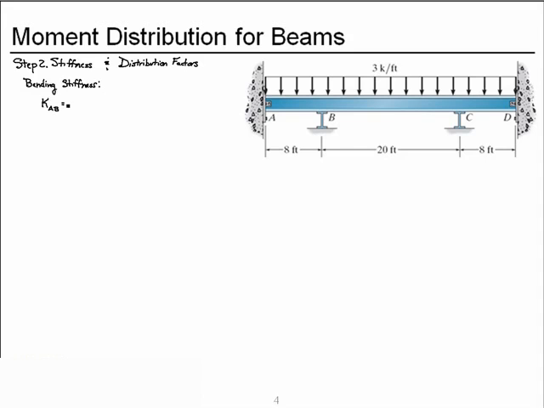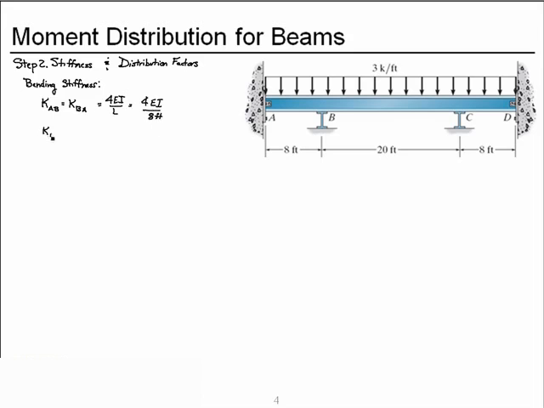The stiffness for the element doesn't depend on which end we're looking at, so the stiffness at the A end and the B end are the same, and they are 4EI over the length. In the case of member AB, it's 4EI over 8 feet.